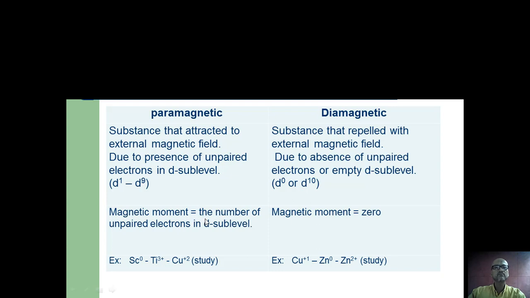Moment means power, the ability to be attracted to an external magnetic field. The number of unpaired electrons determines the magnetic moment. As the number of unpaired electrons increases, it gives a more powerful magnetic moment for this substance. A diamagnetic substance always has zero moment. Why? Because there are no unpaired electrons.